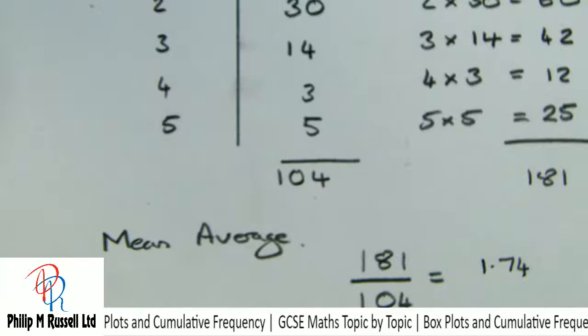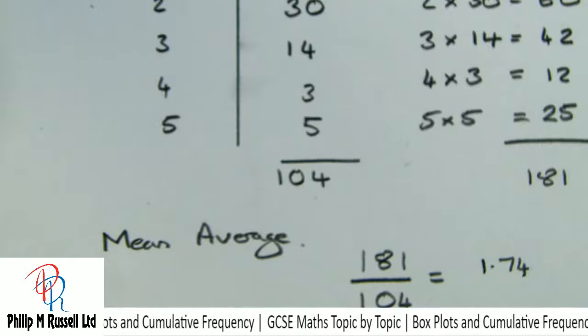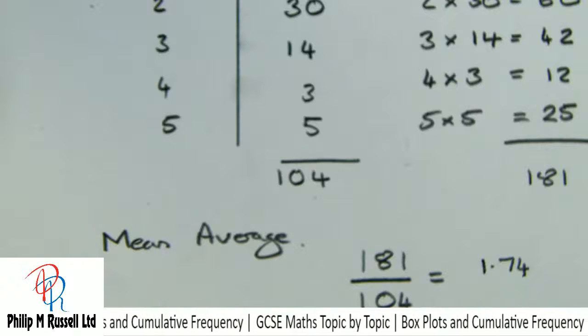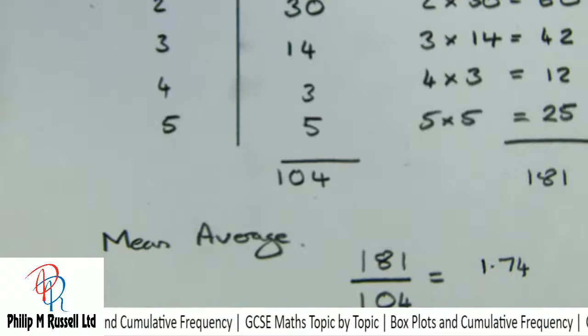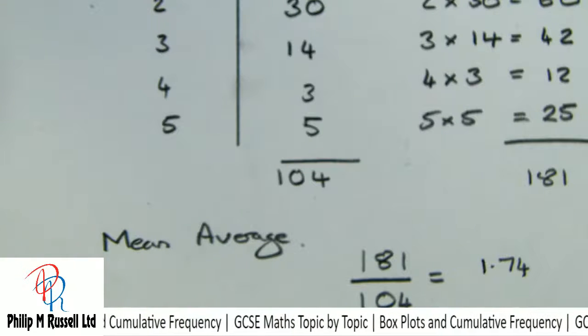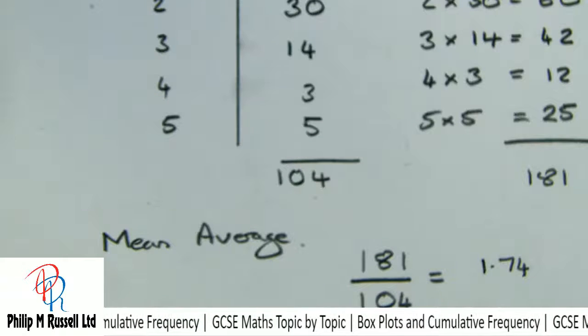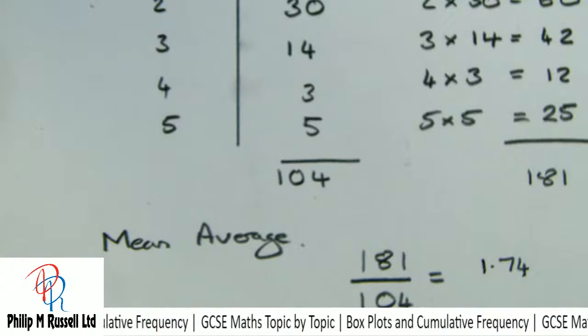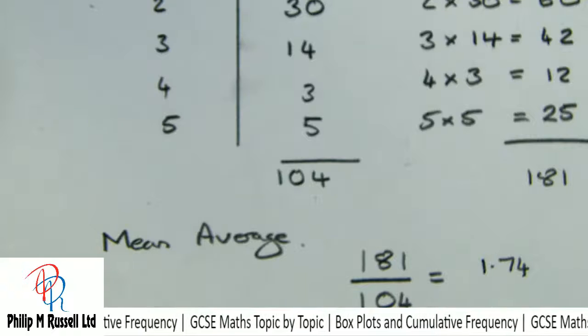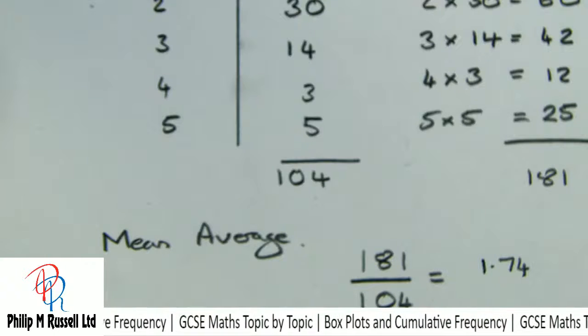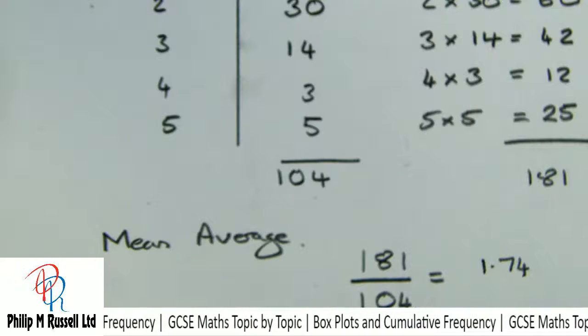Now, we could also be asked to try and plot this data, and we might come up with some sort of frequency diagram. Excuse me. Right, let's see what we can do with that.